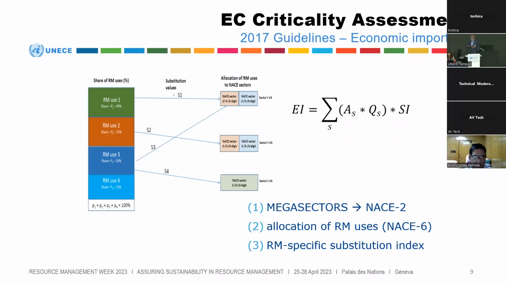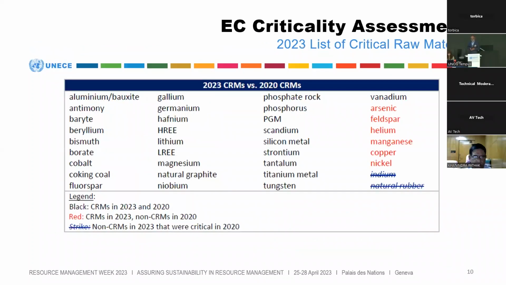And the calculation of the economic importance is a clear overestimation of the importance of a raw material, being just a connection to the economic sector in which it is used. So the idea is that if you don't have the raw material that feeds into that sector, you will lose the sector, which is something that could be discussed.